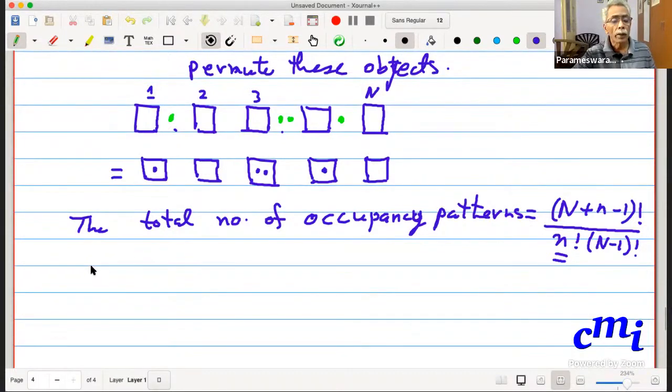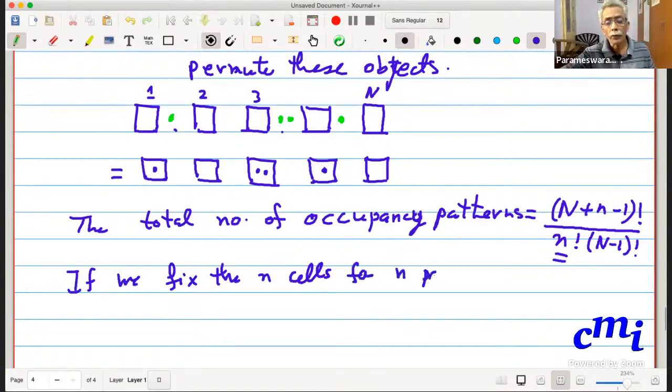So if we fix the n cells for n particles to occupy no more than one in each, let me write that, one in each.